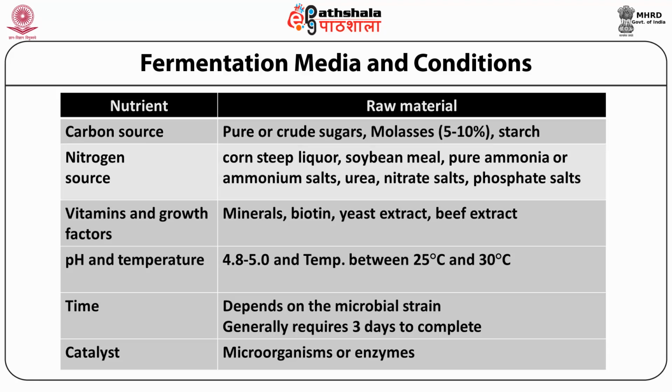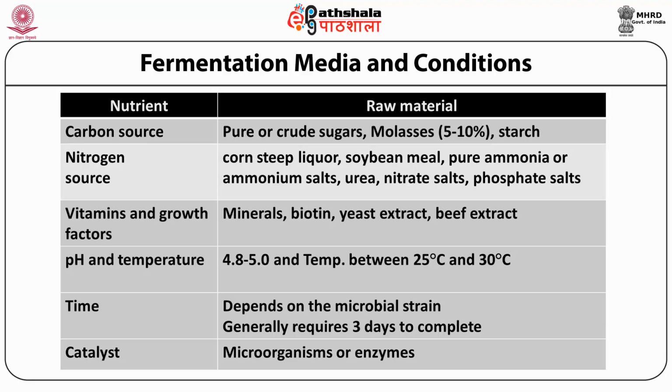We will also require vitamins and growth factors like minerals, biotin, yeast extract, beef extract, etc. And then the pH and temperature of the fermentation conditions. The pH should be around 4.8 to 5 and the temperature will be between 25 degrees centigrade to 30 degrees centigrade. And then the time of fermentation. The incubation time of fermentation depends on the microbial strain.